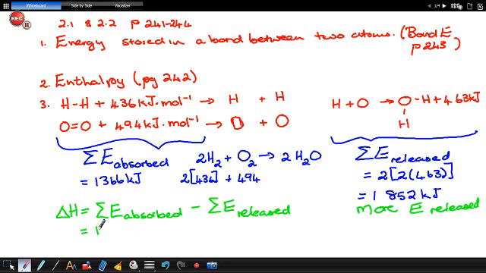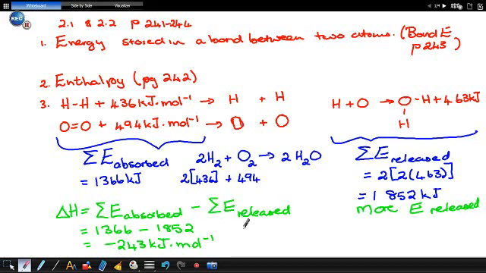So the change in enthalpy is negative because we're minusing a bigger number from a smaller number. So it's negative 243 kilojoules per mole. So for every mole of water that is formed, that is the energy released.